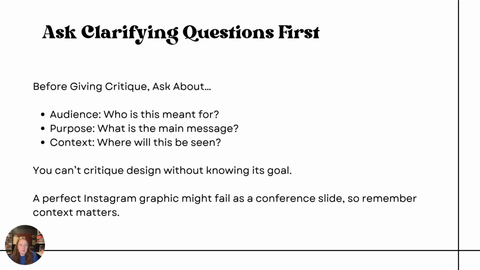And so that bright baby pink might appeal to them, whereas somebody in their late 50s or somebody who's never worn makeup before might think it's disgusting, but it doesn't matter because they're not the intended audience. So that critique, that bright pink or baby pink could be an alienating color, might not be relevant, right? You just need to know that because you can't give any meaningful critique unless you actually know what the intention is.